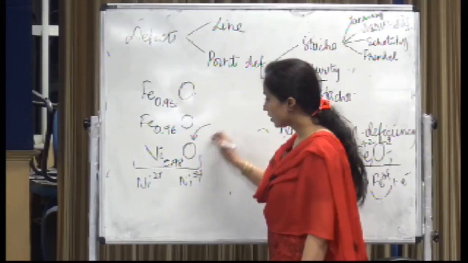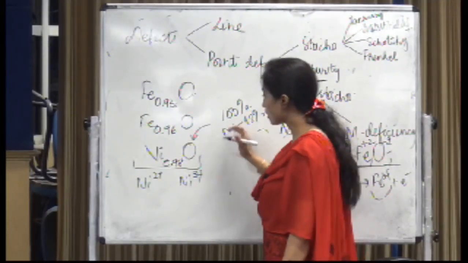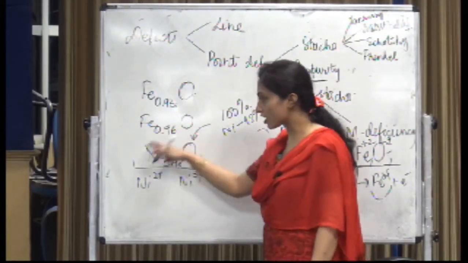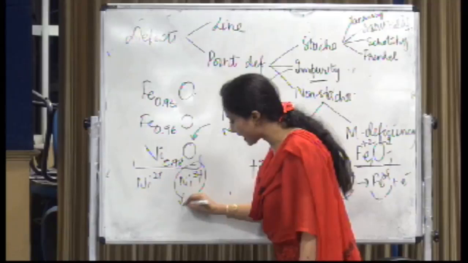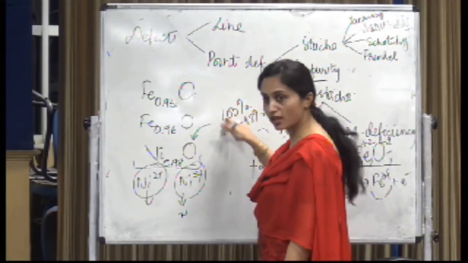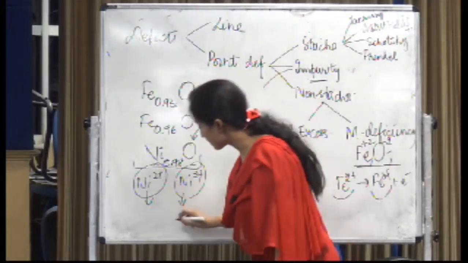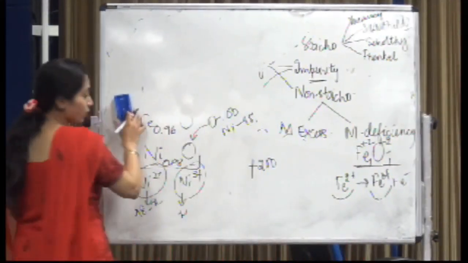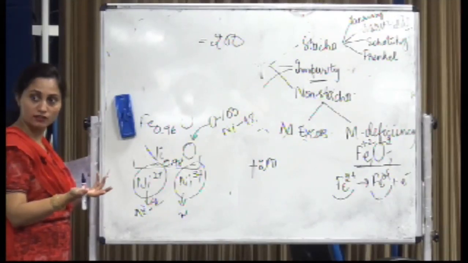Let oxygen be 100 and nickel 98. If oxygen atoms are 100, the total charge on oxygen will be -200, so the total charge on nickel should be +200. Now suppose there are x atoms of Ni3+; then Ni2+ atoms will be 98 minus x, because for every 100 atoms of oxygen we had 98 atoms of nickel.